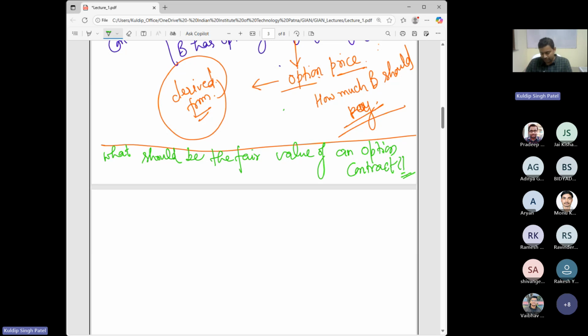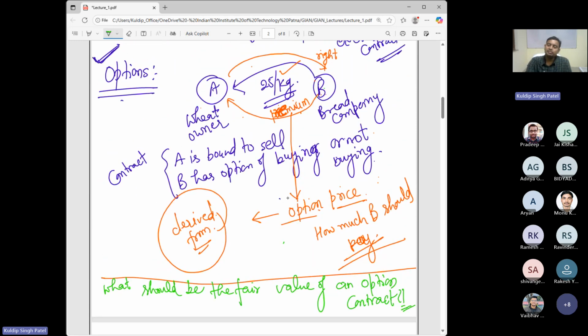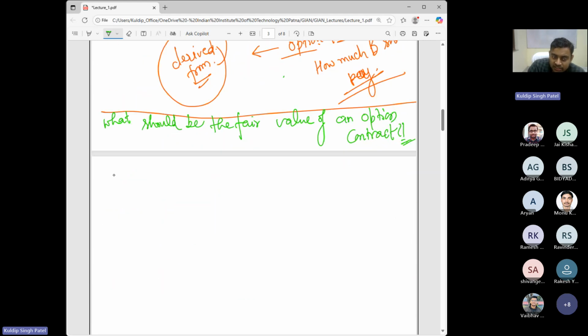Because we have realized that it is important. Otherwise, what will happen? Here, if the premium is not correctly priced, then either B will be at an advantage or A will be. And it is not a simple advantage. Professor Obeck mentioned a term, which is no arbitrage.